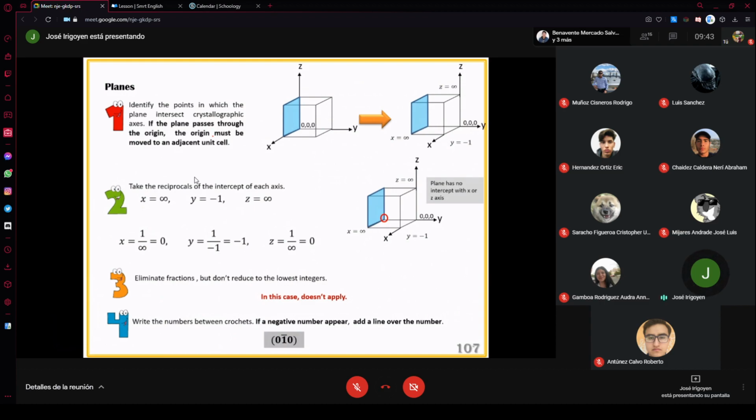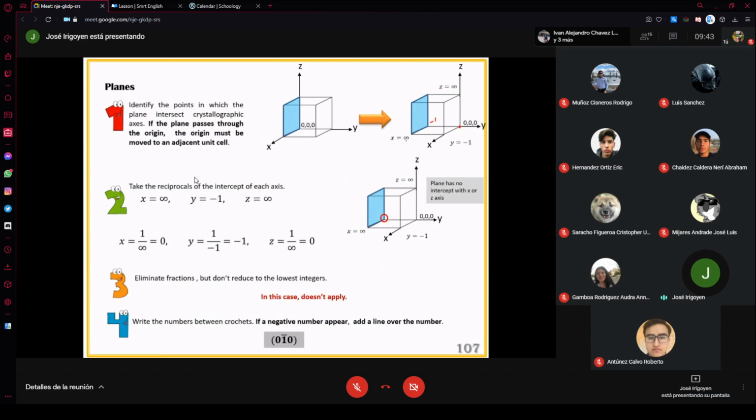In this case, we move the plane to an adjacent unit cell at the backside. So we have now this. Now, let's identify the intersections. As you can see, the plane is going to intersect Y at the value of -1, because here you have the origin, right?